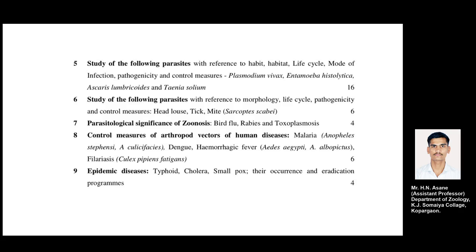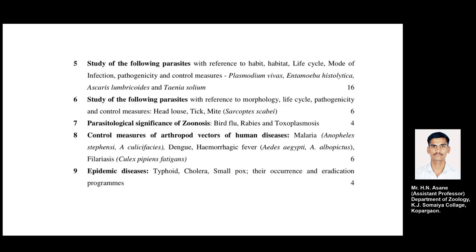Entamoeba histolytica is a single-celled animal, and it causes some diseases. We are going to study its life cycle, how cysts are ingested by human beings or animals, and what dangerous effects occur from Entamoeba histolytica, such as amoebic dysentery or abscess formation in the organs.